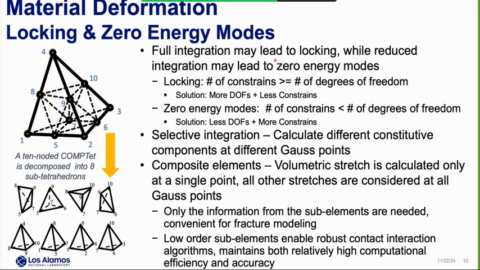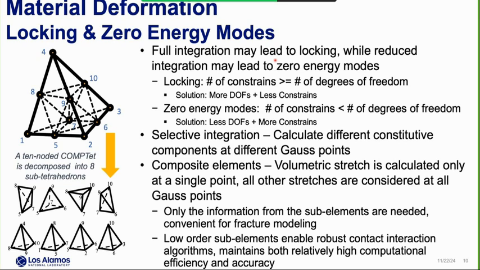On the other hand, zero energy modes or hourglassing are due to the number of constraints being less than the number of degrees of freedom. In this case, the solution is to introduce more constraints and reduce the number of degrees of freedom. Quite frankly, it is not easy to find the balance point between locking and hourglassing.